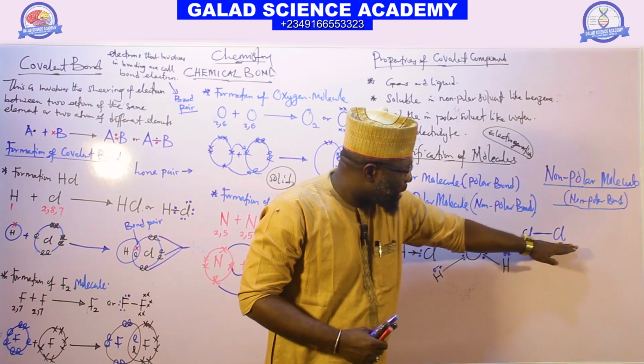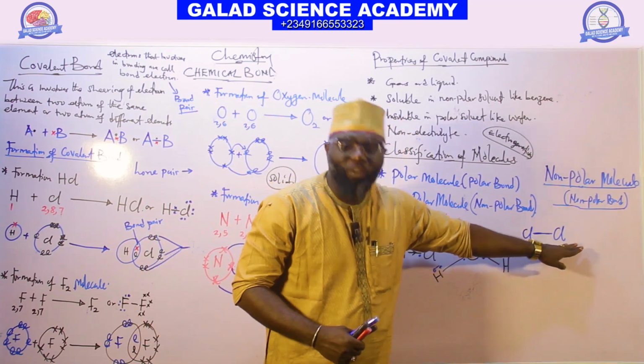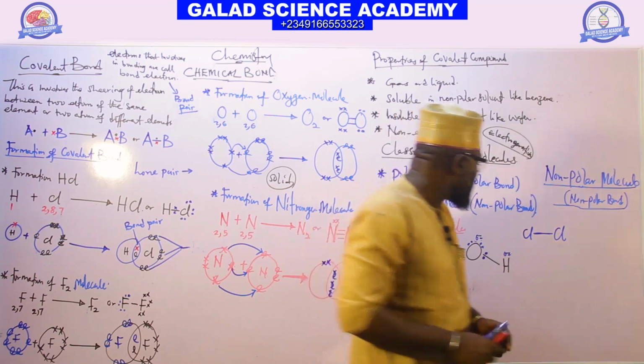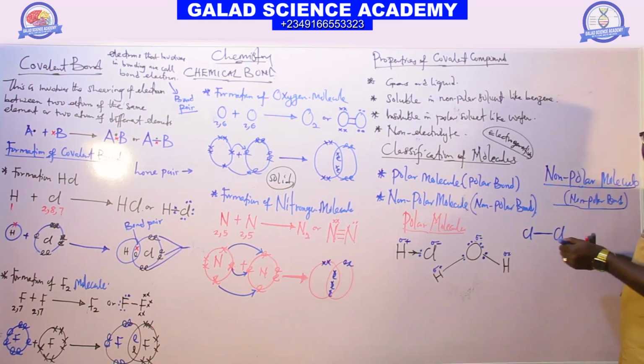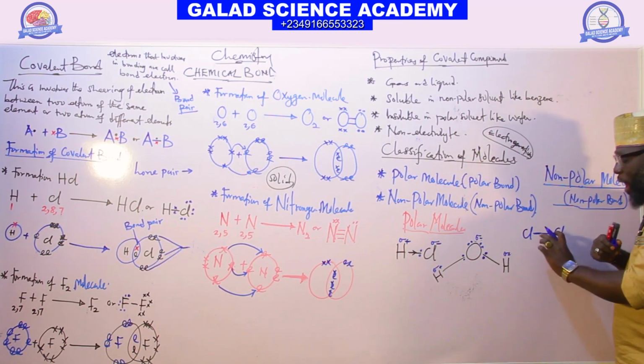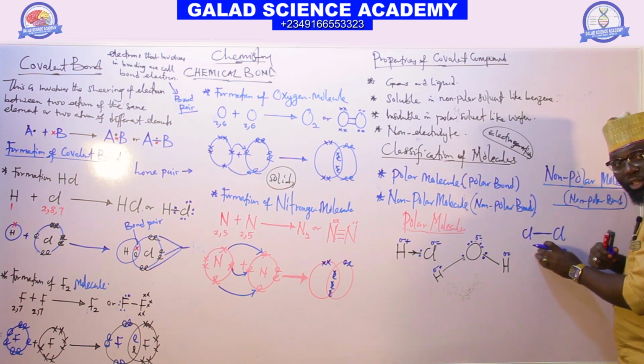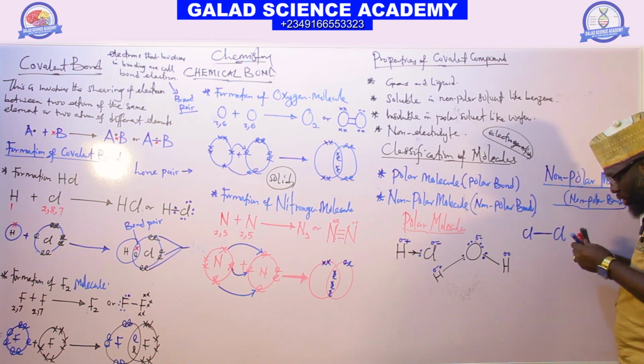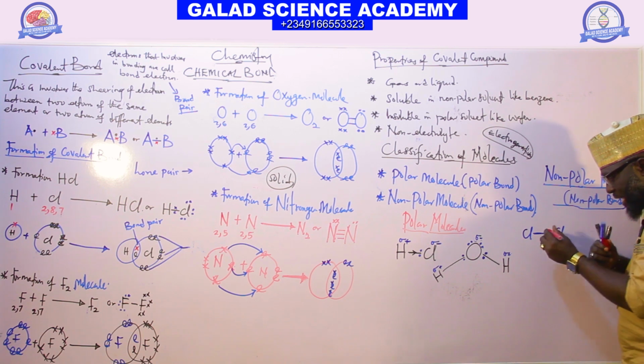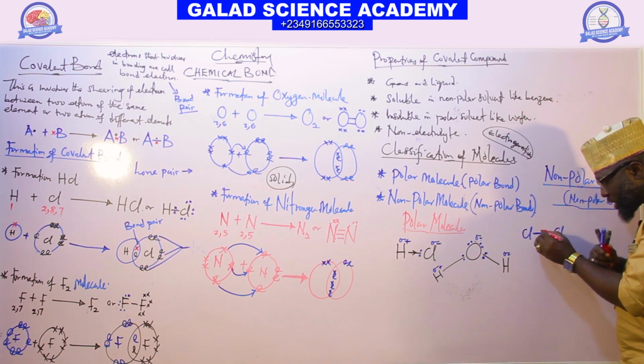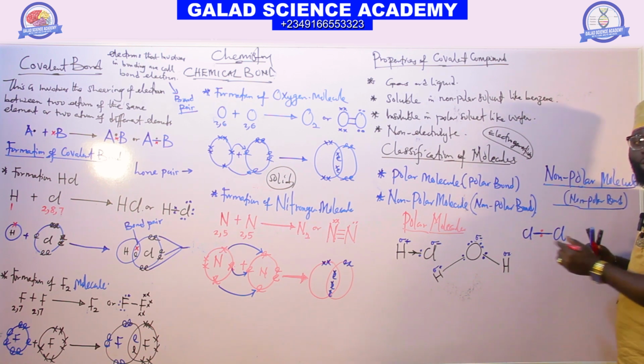This one, two elements of the same kind, of the same electronegativity. And their bond electron can be found here, still at the middle, equally distributed.